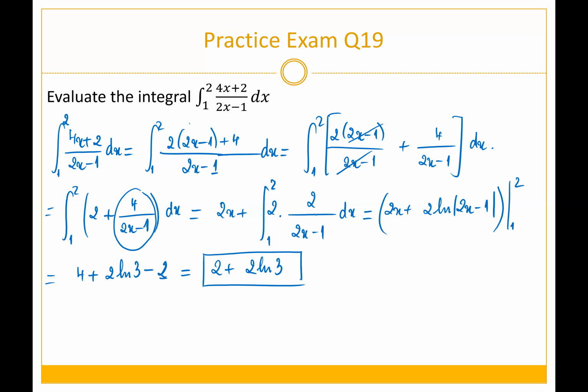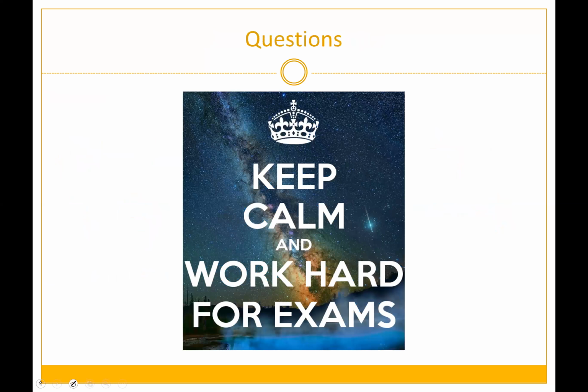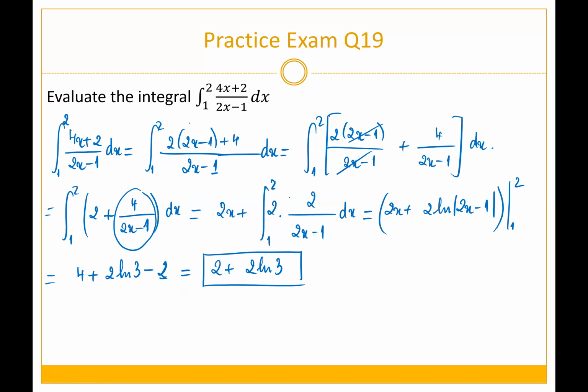Okay, so when we take the integral of the absolute value of 2x minus 1, when you have ln of 2x minus 1, the derivative of this is going to be 2 over 2x minus 1, because it's du over u.